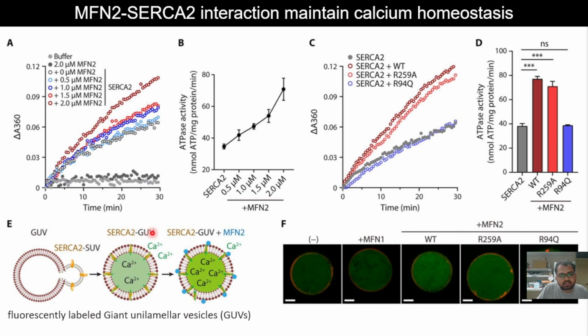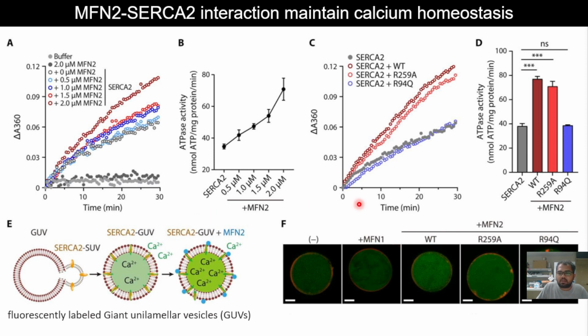So here, you can see that when the SERCA2 was fused with these giant unilamellar vesicles, there is an increase in calcium inside these vesicles, which is suggesting that the SERCA2 is working fine. And then they added the MFN2, and they saw that there is more calcium going inside, which is suggesting that the MFN2 and SERCA2 interaction is increasing the activity of SERCA2, so more calcium can be taken up by these vesicles.